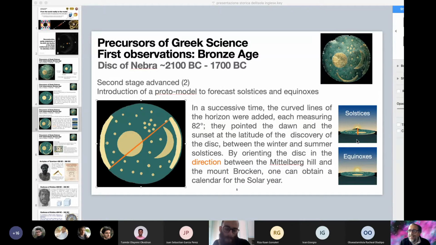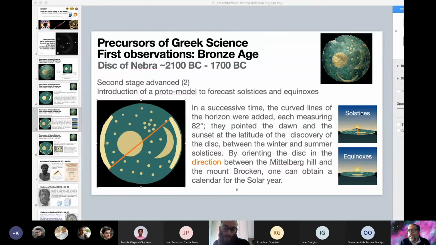you can see the solstice indication, which is here, okay, one solstice. And then you see the equinoxes when the sun is rising here and the sunset is there, okay? And when you are here, so when the sun is rising there and the sunset is there, you have the other solstice.